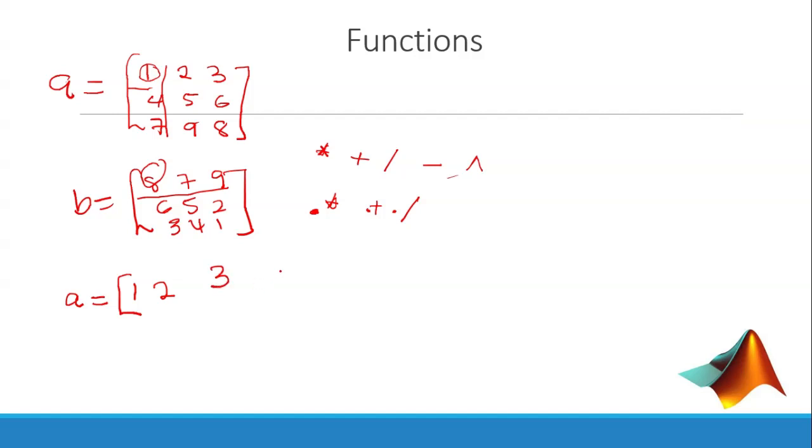Then I'll put a semicolon between them and move to the next row: 4, 5, 6, a semicolon, and the next one is 7, 8, and 9.